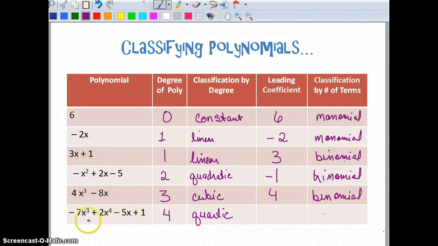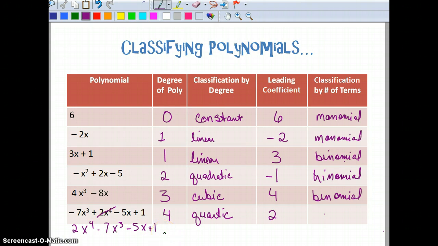So what's the coefficient? Okay, let's put it in standard form. I've got 2x to the 4th, that's taken care of. Minus 7x cubed minus 5x plus 1. What's my leading coefficient when I'm in standard form? It's 2. Now I've got 1, 2, 3, 4 terms.